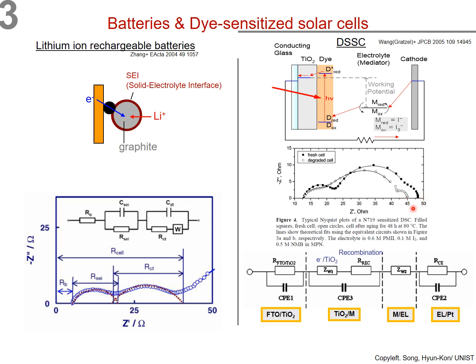Let me assign an equivalent circuit, actually an RC parallel circuit, to each semicircle. The first one is the electron transfer between titanium oxide and conducting glass, so-called FTO. So we have R and C, resistance and capacitance in parallel, for describing the semicircle.